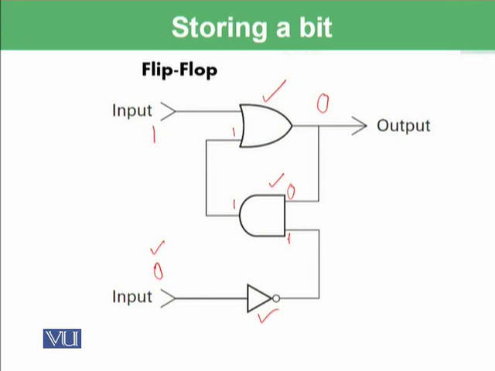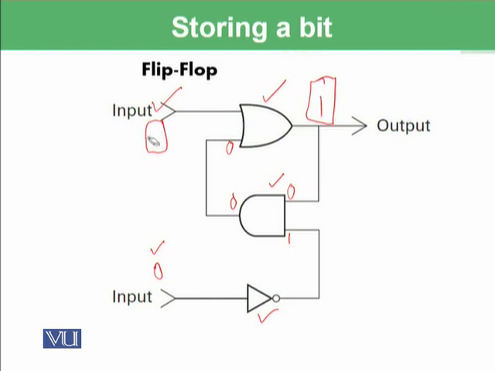You know 0 and 1 become 0. So this 0 is coming here. But as we have changed this input from 0 to 1, this OR circuit will produce an output of 1. So whatever was stored previously by this flip-flop, if we change the upper input to 1, it will store the value of 1, whether it was 0 previously or 1.